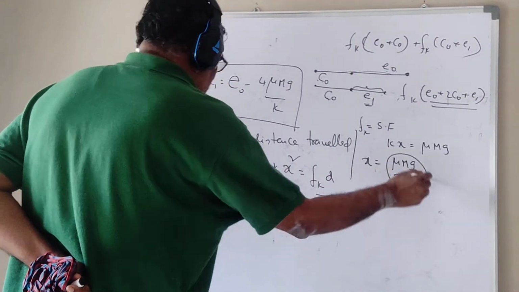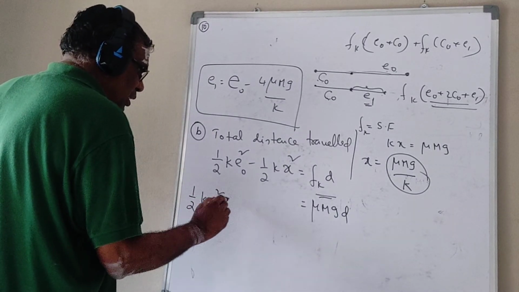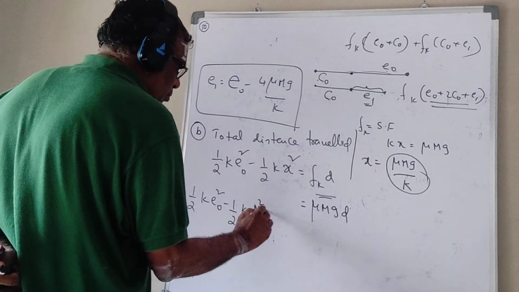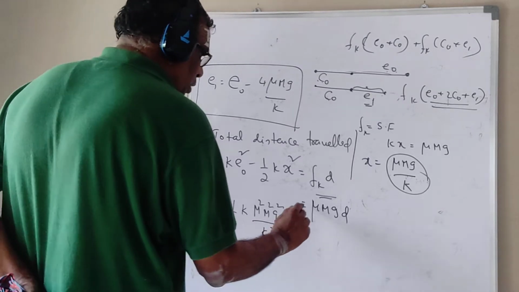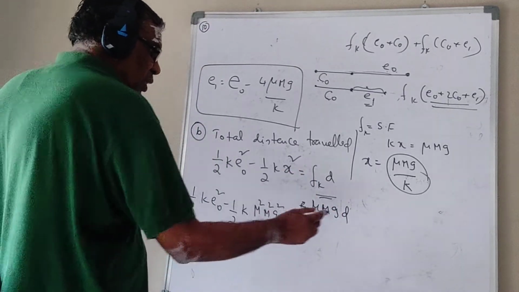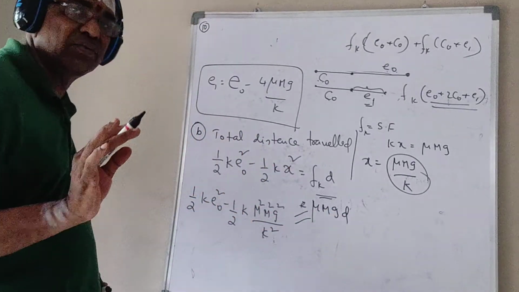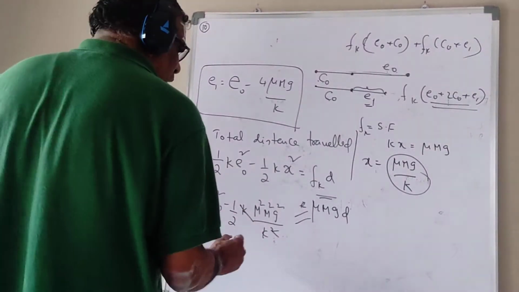X is mu mg by k, half k E naught square minus half k is equal to all this. And you can find out the distance by dividing this. That's all you have to do. You can simplify this and write the way you like it.